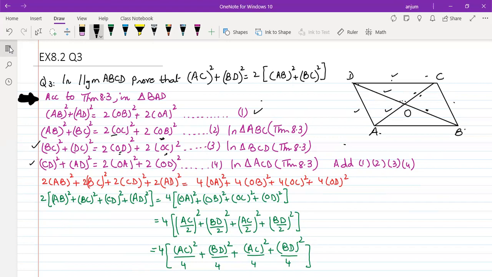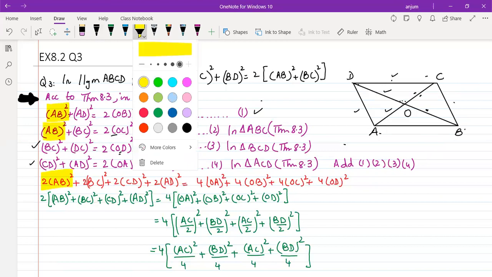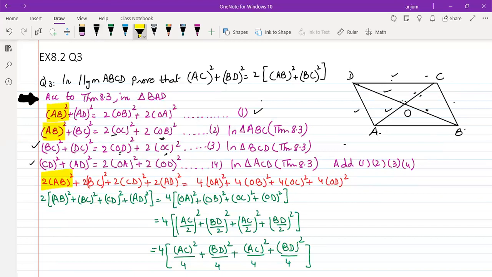Now we will add the left hand side of all these 4 equations, and the right hand side of all these equations will be added to the right hand side. By adding all these, you can see here we have AB and here again we have AB, so we will get 2AB square. Then we have BC and another BC, so we have 2 BC squares.